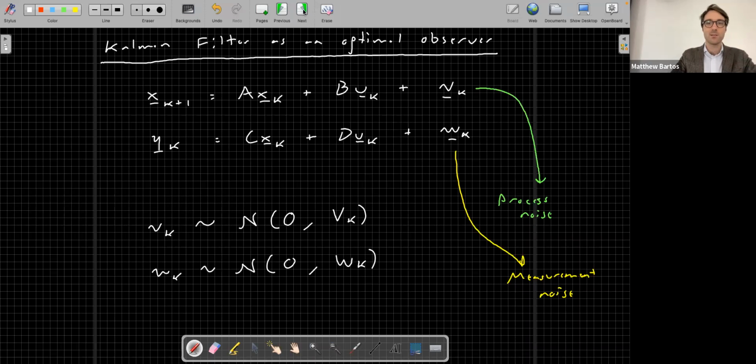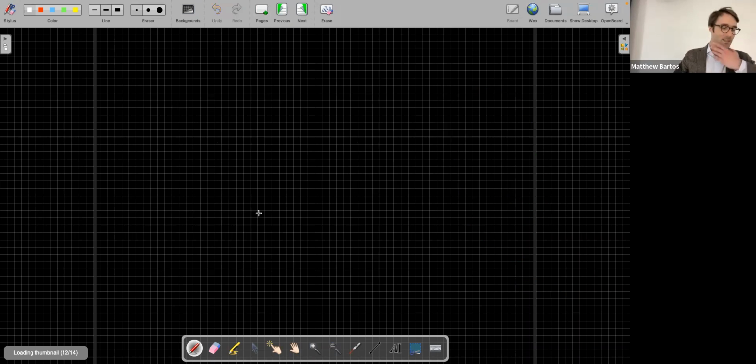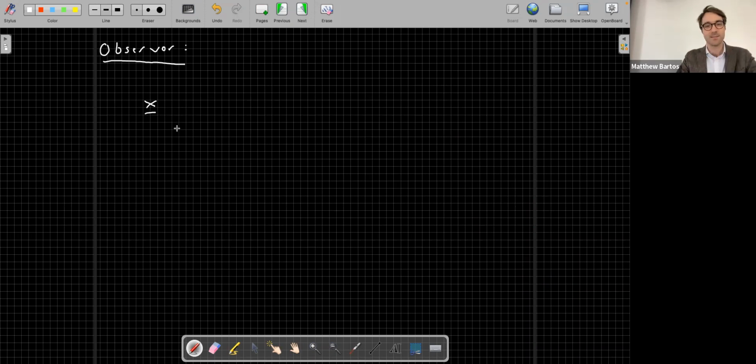Okay, so let's talk a little bit about the Kalman filter, thinking about our discussion of observers from last time. We showed that for a state space system of the form x dot equals Ax plus Bu, we could create an artificial running estimate of that system using an observer where we fed back the difference between the true observed output of the system and our estimated output.